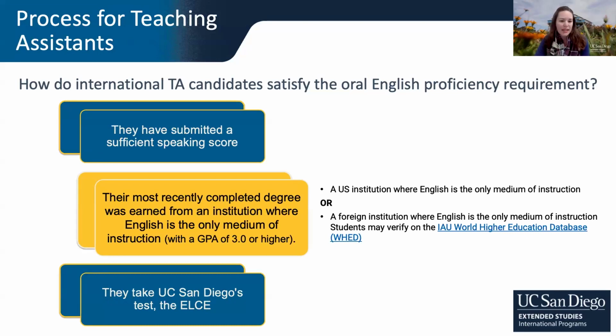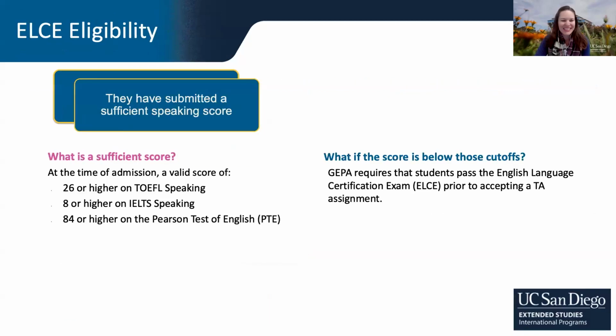You might have already submitted a speaking score that is sufficient, or you may need to take the ELCE, which I'm responsible for. What is a sufficient speaking score? Let's take a look. You might have submitted a TOEFL, an IELTS, or a PTE, Pearson Tested English score.